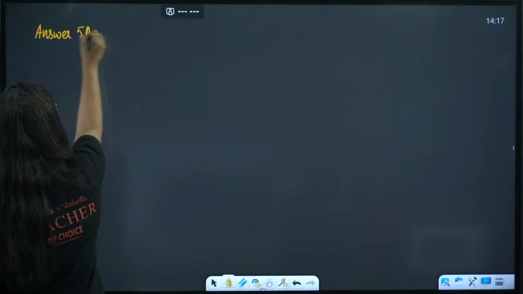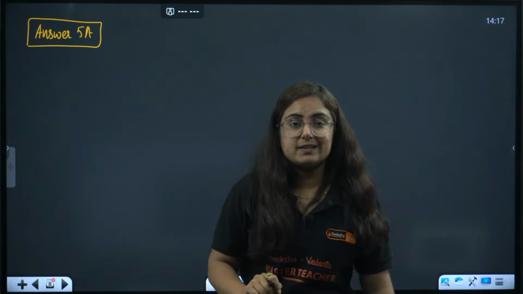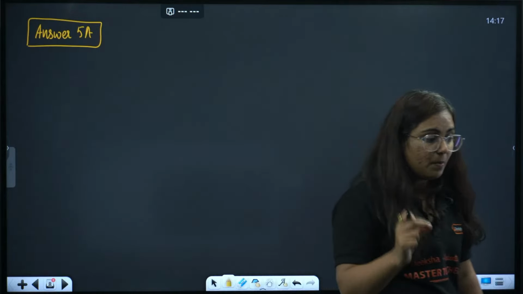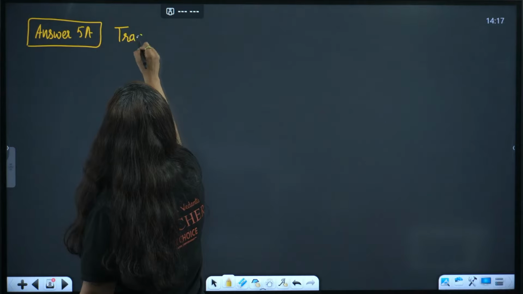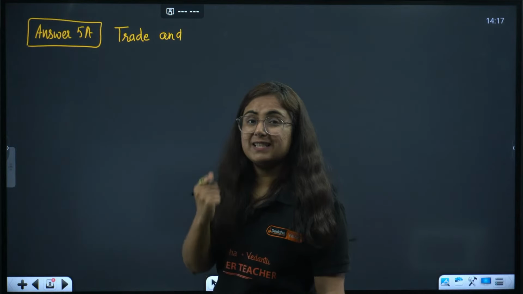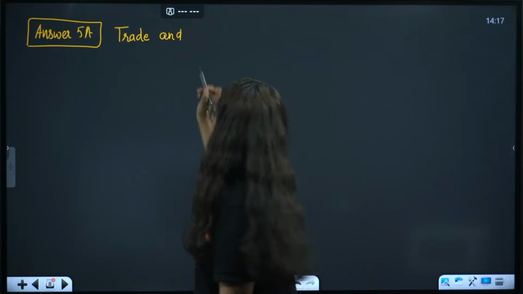Answer 5A: whenever you frame the answer, frame it as an intro, body, conclusion. As this is a 2-marker question, how are we going to write it? Trade and culture always go hand in hand. Pay attention. Yes, I agree that the Silk Route was a vibrant example of this culture.